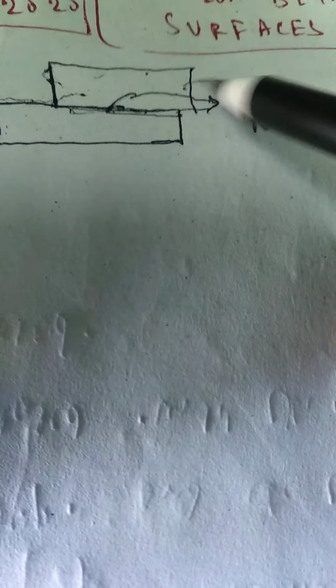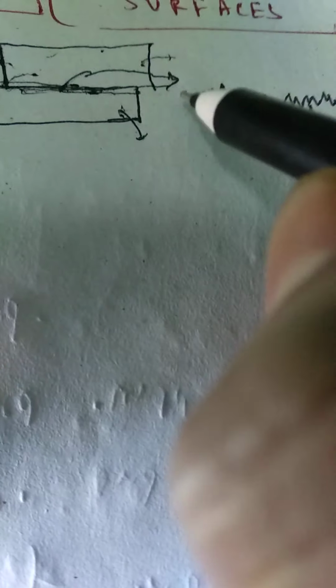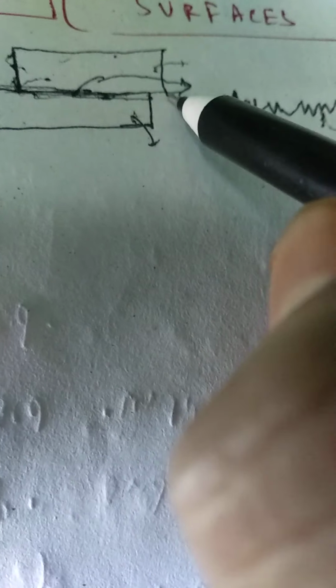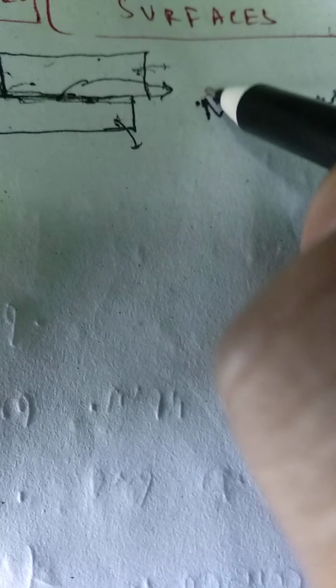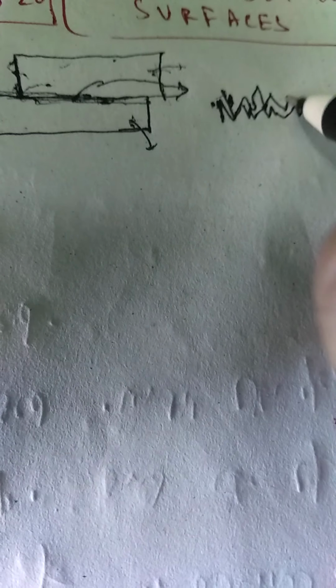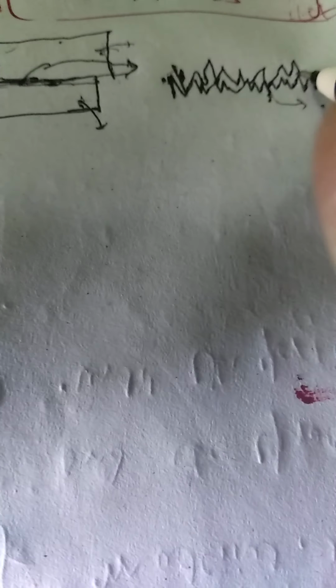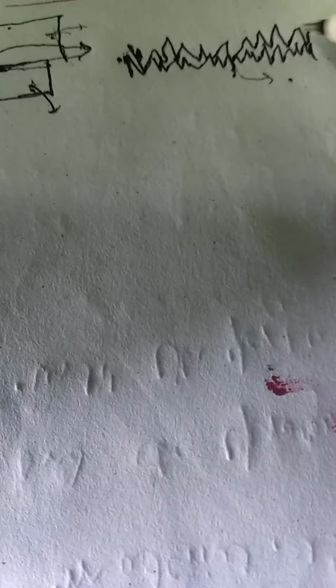Now suppose we place another block above this block. This block also has some irregularities on its surface, like this, and this is block 2.